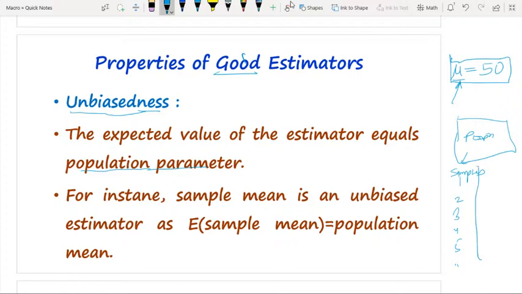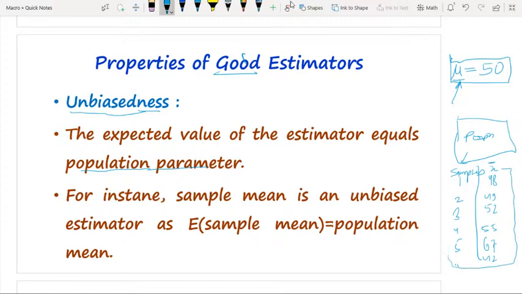Suppose we calculate the value of an estimator x bar, and the values of x bar are 48, 49, 52, 55, 67, 42.